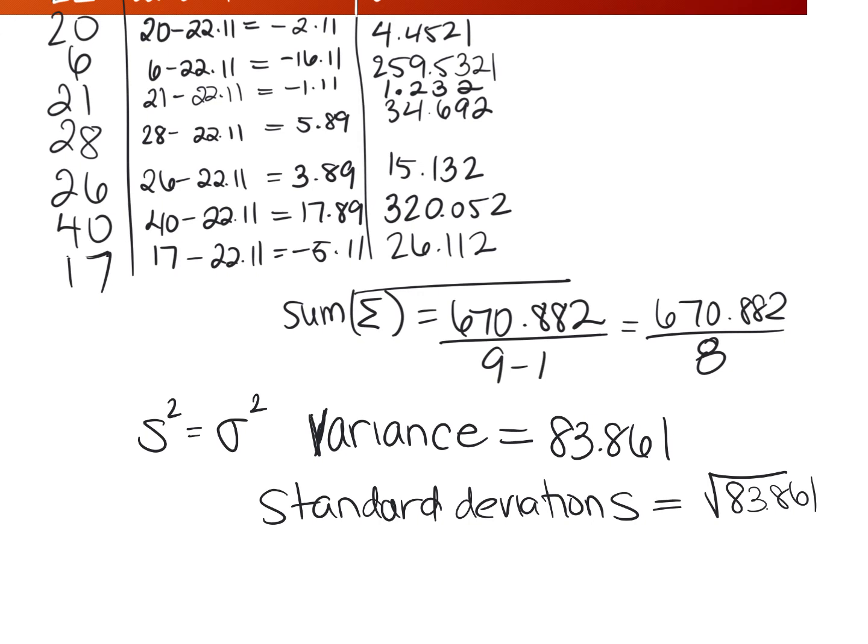Because I told you to do 3 decimal places, and then I started writing down 4, so I didn't add some of those decimals in there. Is it close? I got 670.8 or 888. Close enough. If you're off in the thousandths place, that's not a big deal, right?